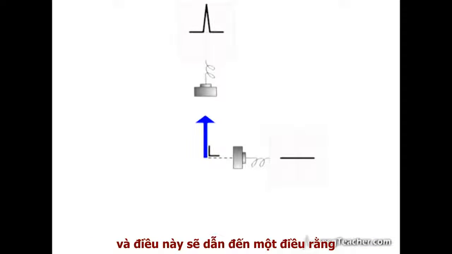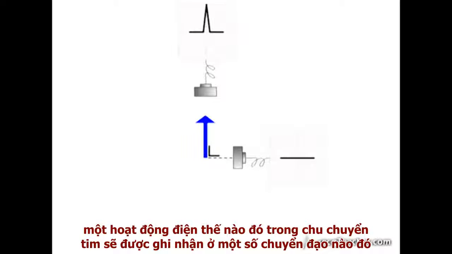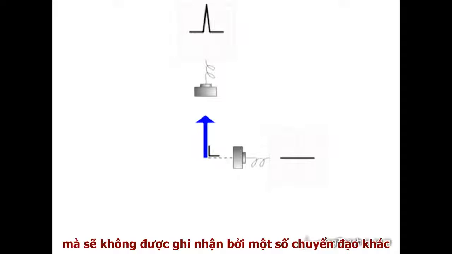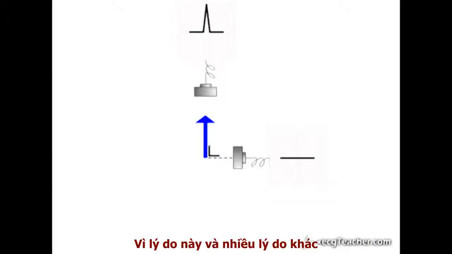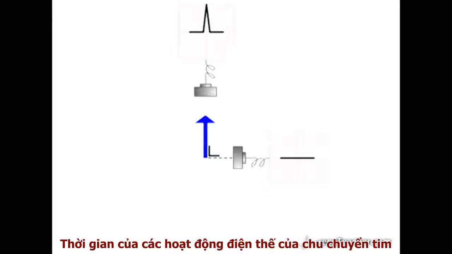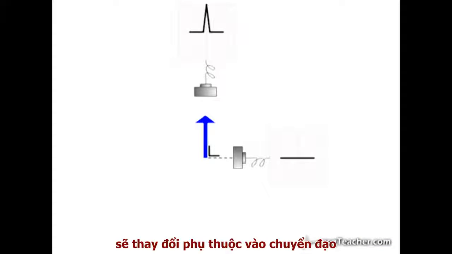One important consequence of this is that an electrical event in the heart may be recorded by some leads but missed by others. For this and many other reasons, the duration of the major events of the cardiac cycle appears to vary between ECG leads.